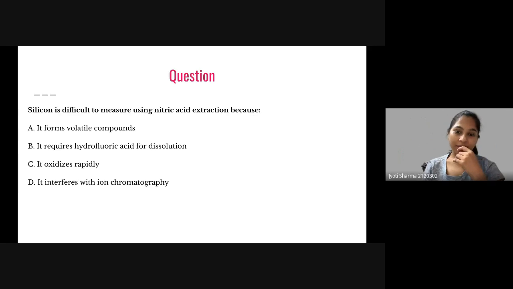The next one: silicon is also a carbon thing, right? Silicon is difficult to measure using nitric acid extraction because it forms volatile compounds, it requires hydrofluoric acid for dissolution, it oxidizes rapidly, it interferes with ion chromatography. What should be the answer for this?